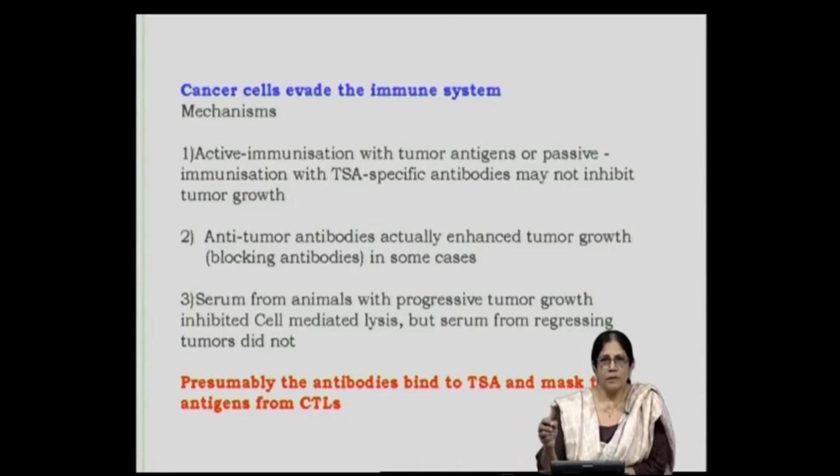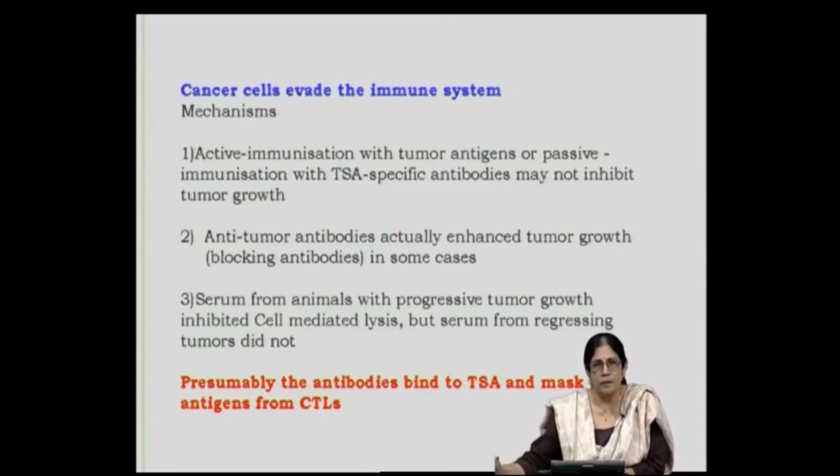Then they took the serum sample from the same animal as well as the cytotoxic T cells from the same animal, and looked in vitro, outside the animal, whether antibodies can do anything to the tumor cells, and whether the cytotoxic T cells are able to kill the cells. In such a system almost 100% of the time there was killing.